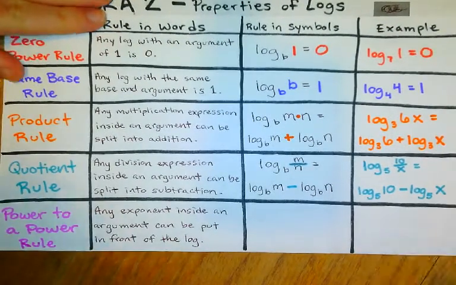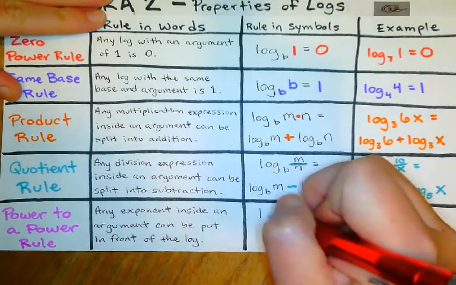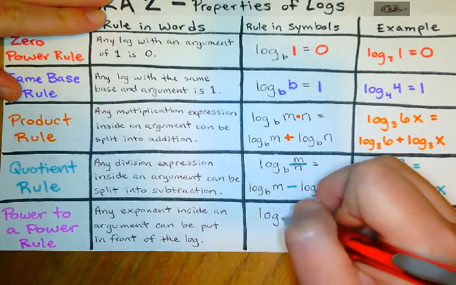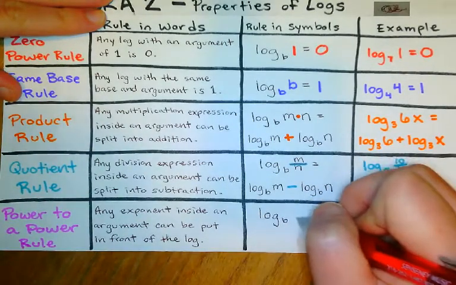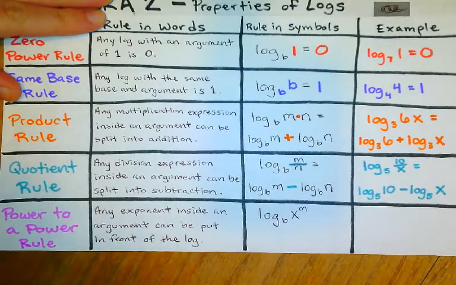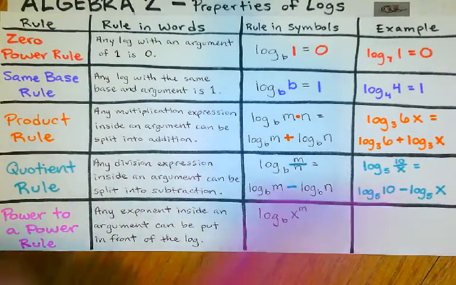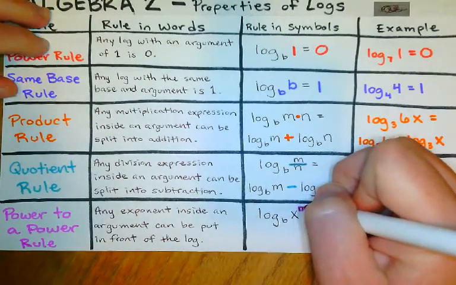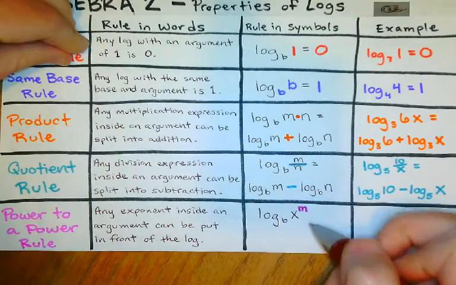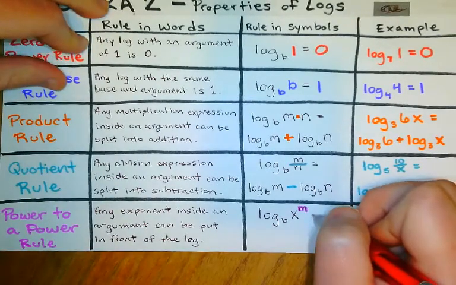Let's say we have log base b, and in our argument we have x to the m power. So we have this m up in our exponent, up in the power. Since logs can be changed to exponents, to make it easier on us, we don't want an exponent inside a potentially exponential expression.